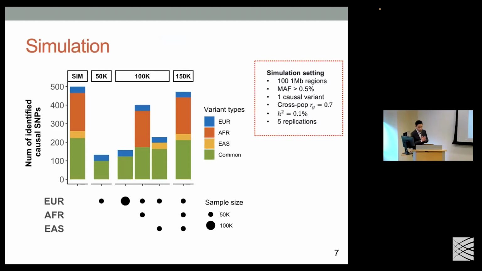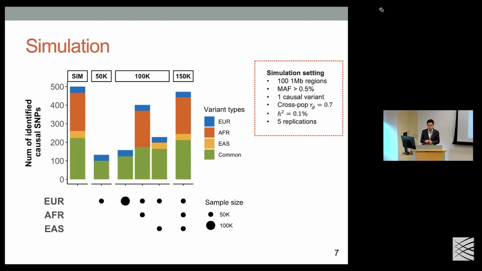And then here comes our simulations. We use simulations to test our software. For our simulation settings, we randomly select 1 megabase regions from the genome, and we keep the variants with minor allele frequency greater than 0.5%.